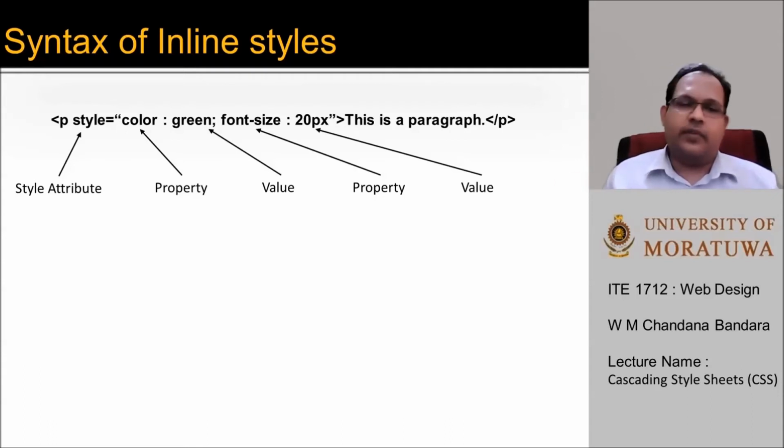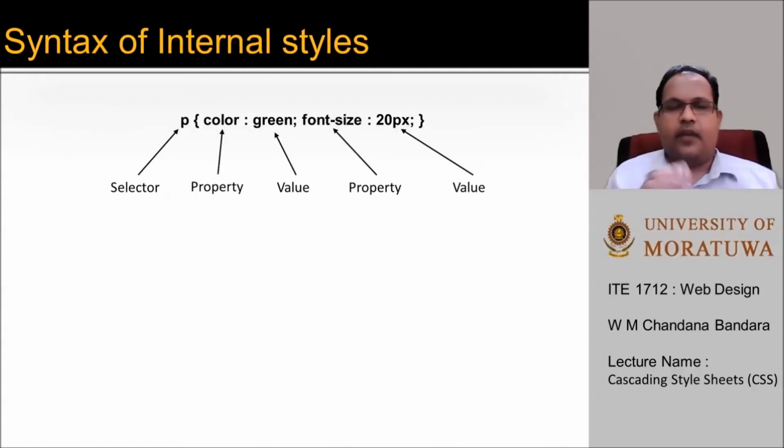The value of the attribute can have multiple styles, and we specify them as property-value pairs. For example, color green, font size 20 pixels, like that. When it comes to internal styles, we first define the selector, and then curly brackets, and then property and value pairs.